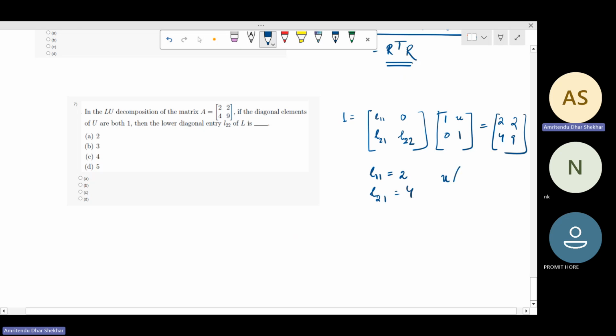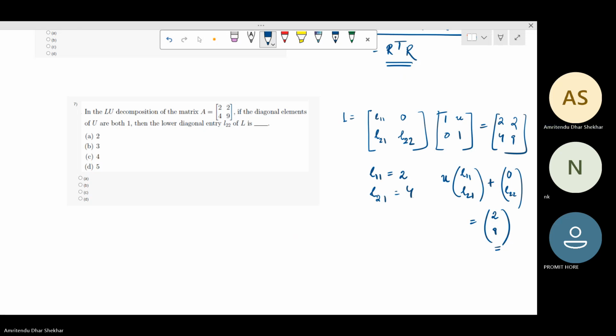You get U times L11, L21 plus 0 comma L22 is equal to 2 comma 9. Yeah, I just solve it. Easy question. This is how you solve a question like this. Plug in the values and you solve it. I hope it's clear.